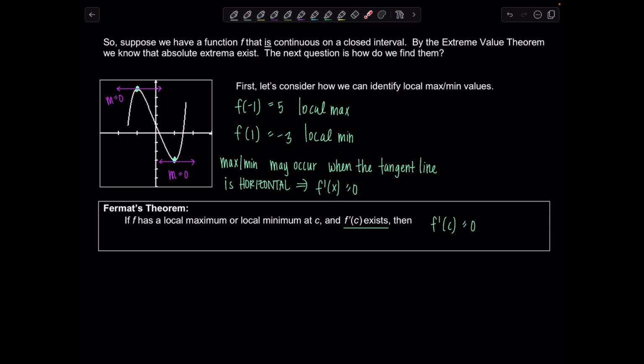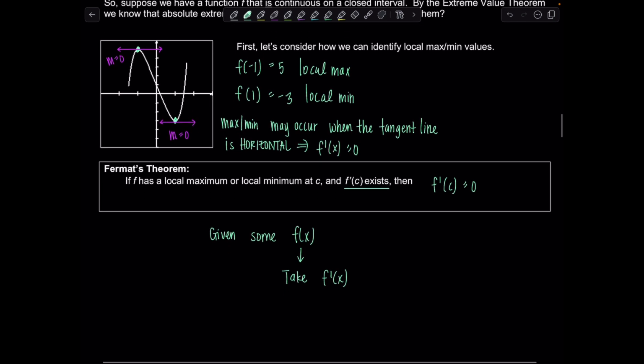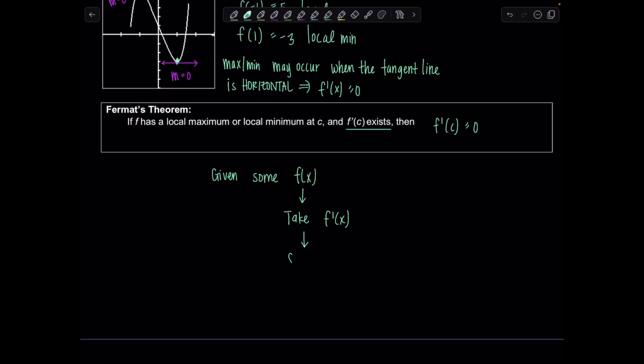So if we were to basically reverse engineer this, I give you a function, I give you f of x. If you're just given some function, what's the process? You take f prime of x, you take the derivative, okay? Set it equal to 0, and solve.